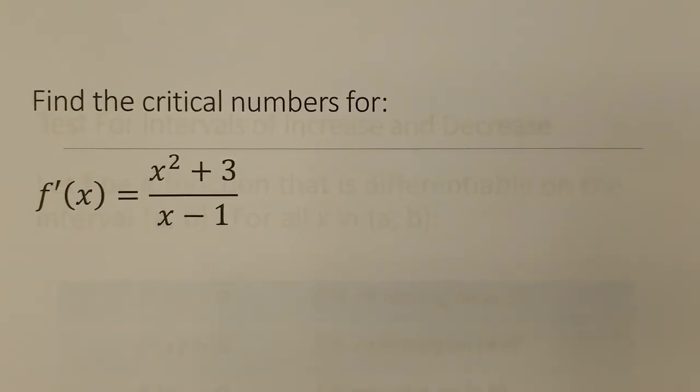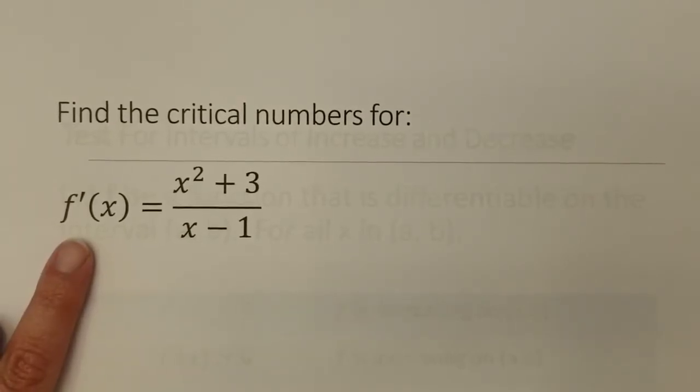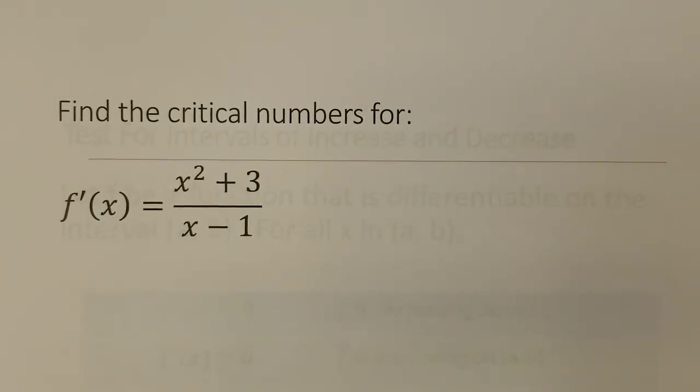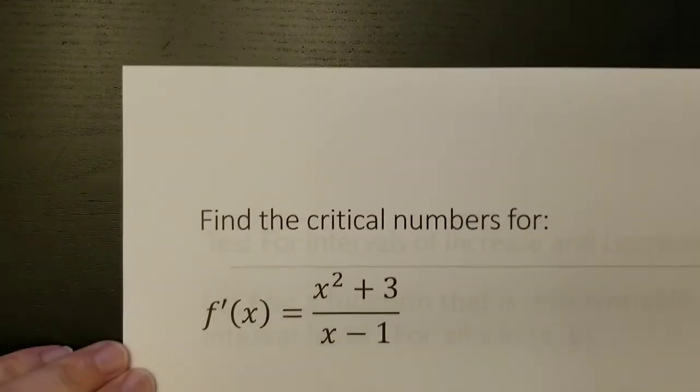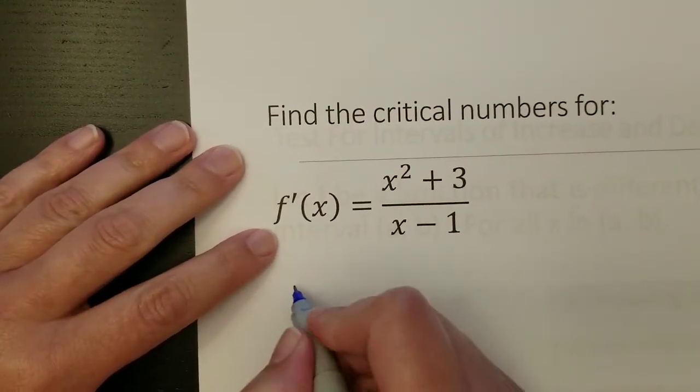And our first example here, we want to find the critical numbers for f of x equals x squared plus 3 over x minus 1. So we're going to first find the derivative and then check the derivative to find where those critical numbers are.